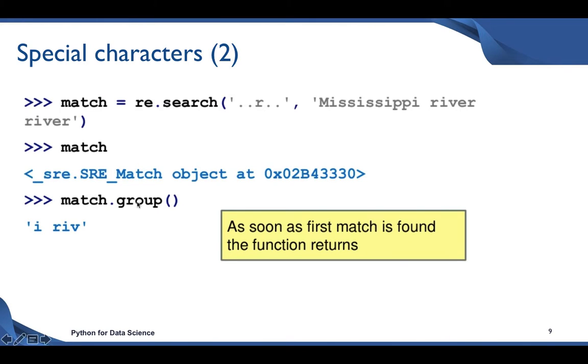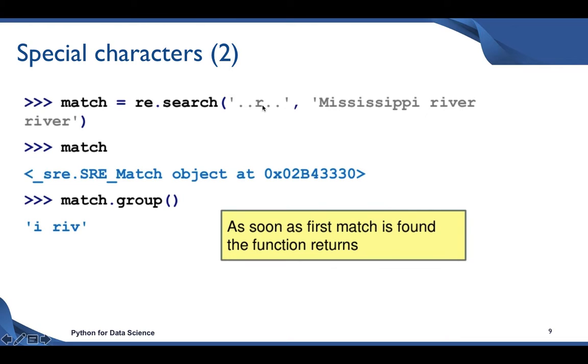For example, we have our match, and the text is Mississippi River. In this part we wanted to find the r and then a dot. The dot means match any character afterwards.